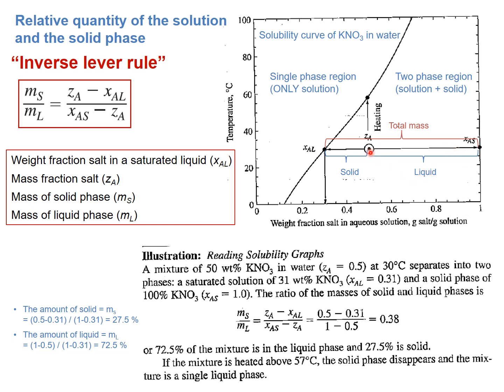The length of this one or the length of this one is for the amount of solid and liquid. Which length is for which one? We should determine that. For the compositions, you just read the value from the liquid curve, and that is the liquid composition.